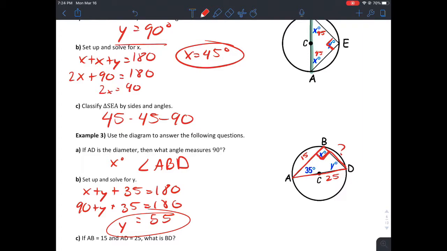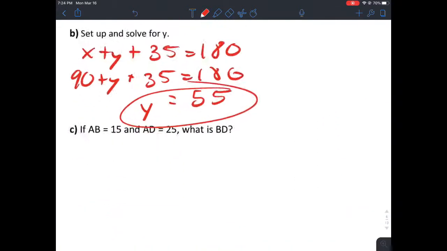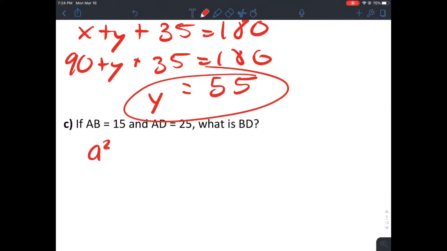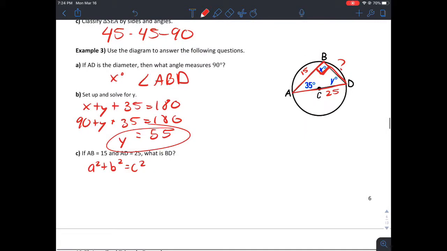Well, guess what? We've got a right triangle, and we're looking for a side length. We are going to use Pythagorean theorem. A squared plus B squared equals C squared. And this here is going to be my C, because that's my hypotenuse. So I just do 15 squared plus B squared equals 25 squared.